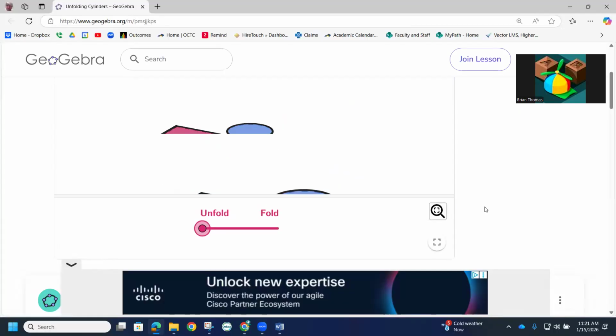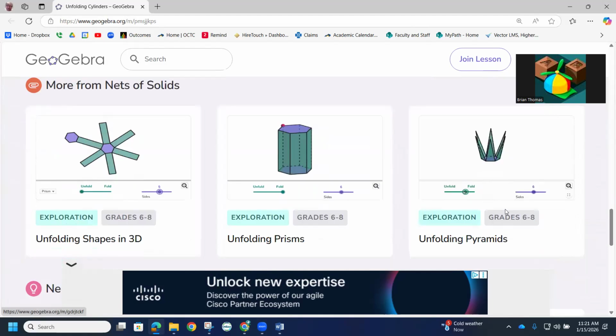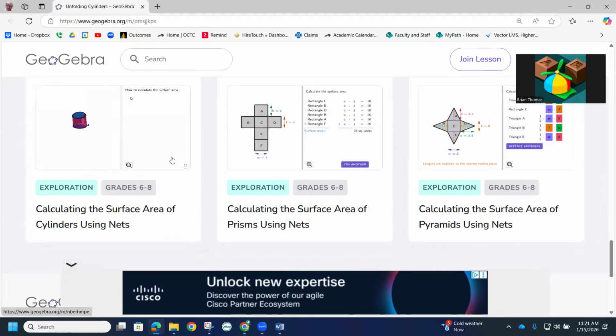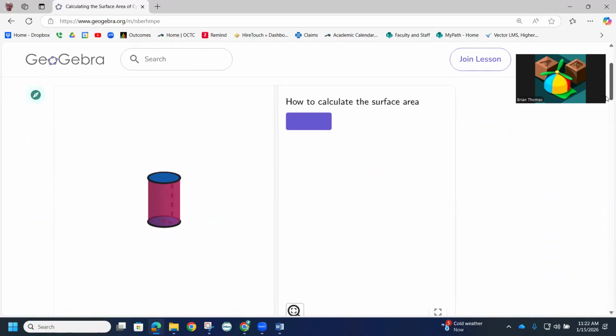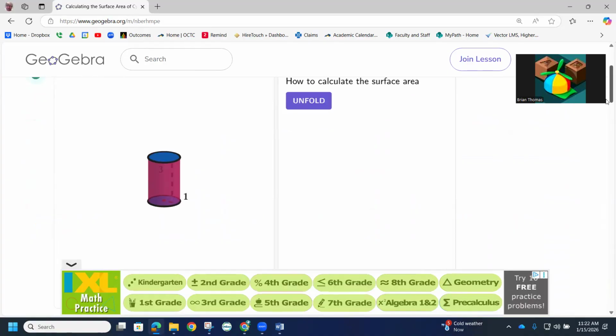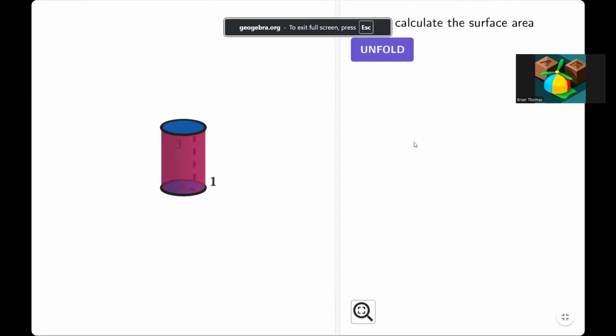If I scroll on down here, I think there are some examples. So if we look at an example of calculating the surface area of a cylinder, let's see if I can get all this other junk out of the way.